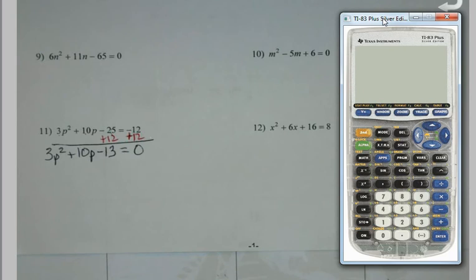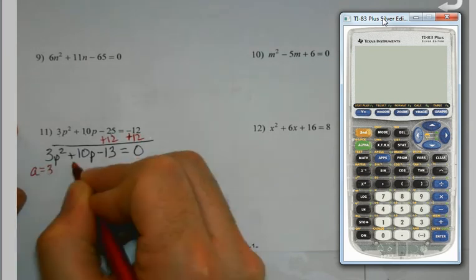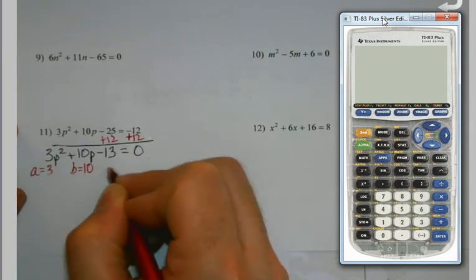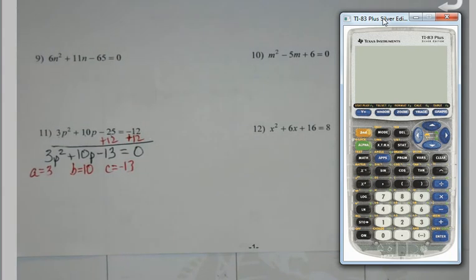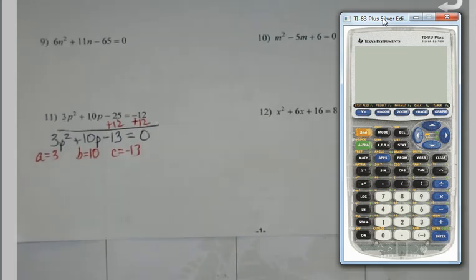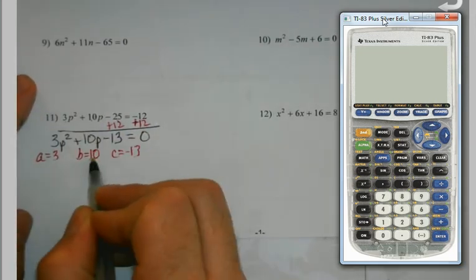Now it's in a form that I can use because it's in a form where it's equals 0. Once I do that, then I can say, okay, my A is 3, my B is 10, my C is negative 13. Plug it into my formula and get to the right answer. So once I have those values, again, we have negative B, so it's the opposite of whatever number I have here.